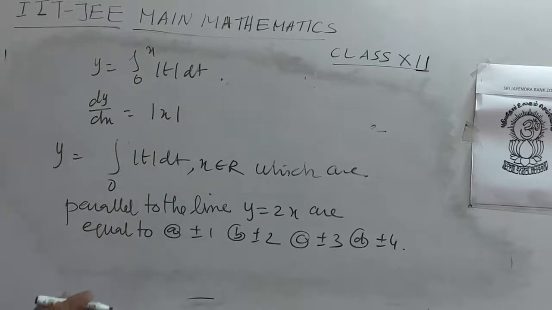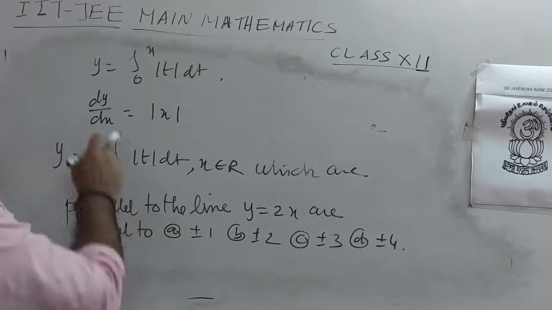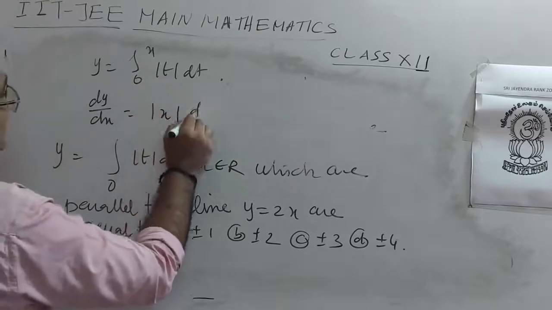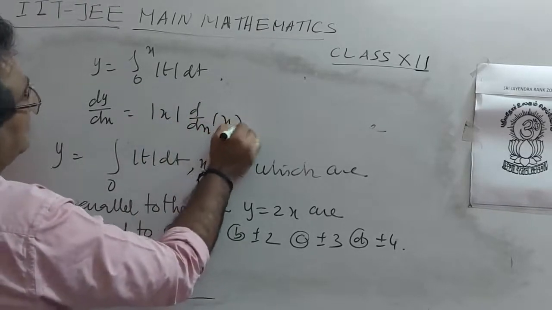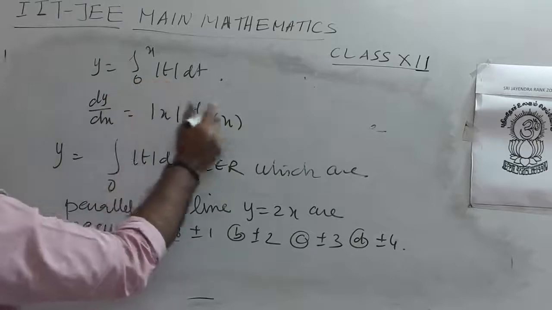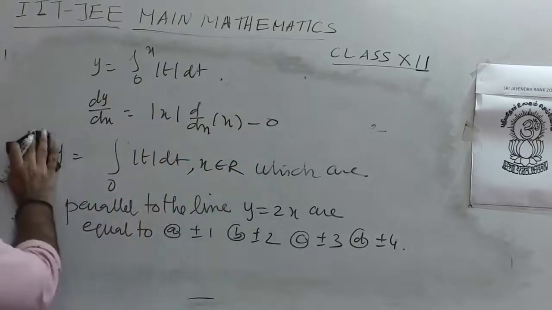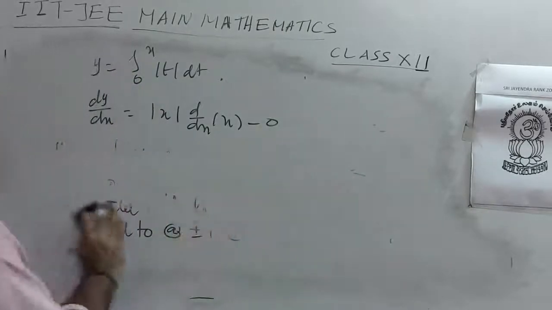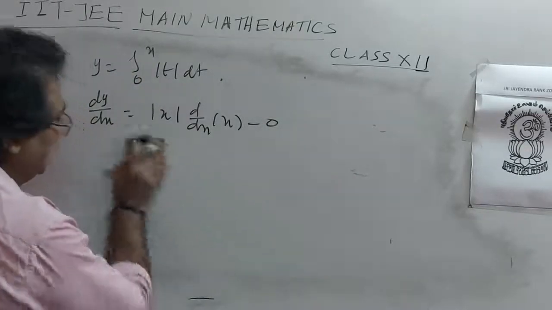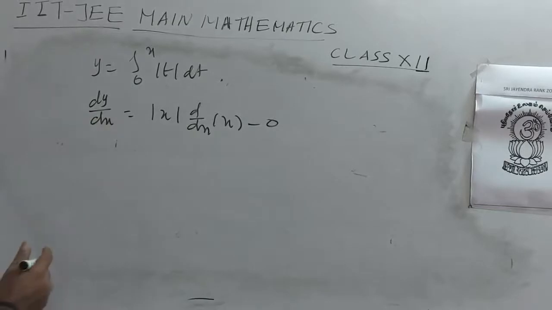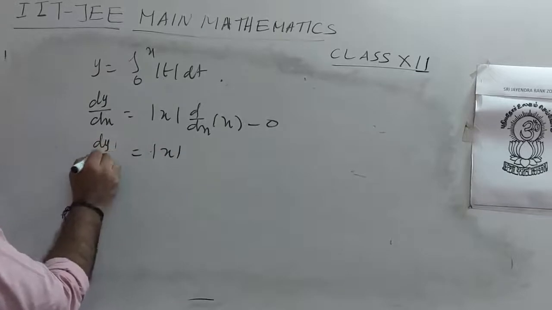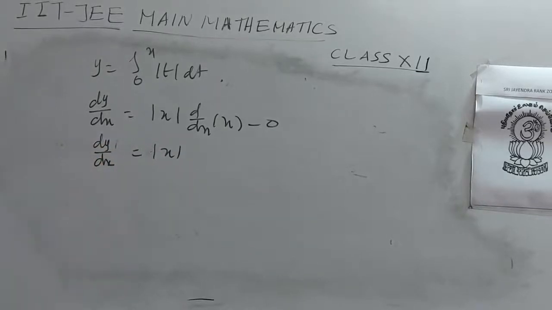Applying Leibniz formula, we discussed in the previous session, when you have to differentiate under the integral sign, t should be replaced by x into dx by dx. Then applying the lower limit, the answer will be 0. Apply the upper limit and differentiate the upper limit, minus apply the lower limit and differentiate the lower limit. That is modulus x. dy by dx equal to modulus x.